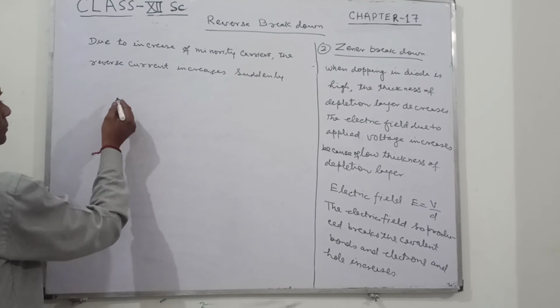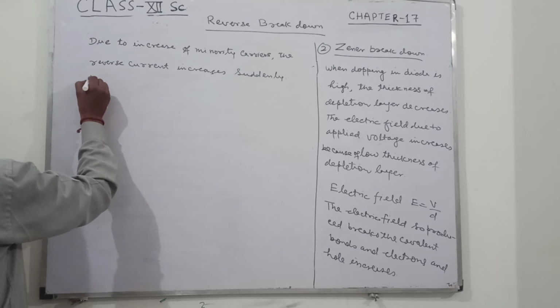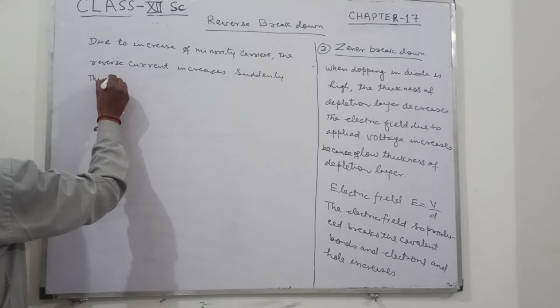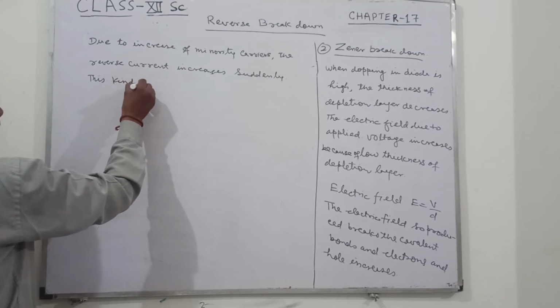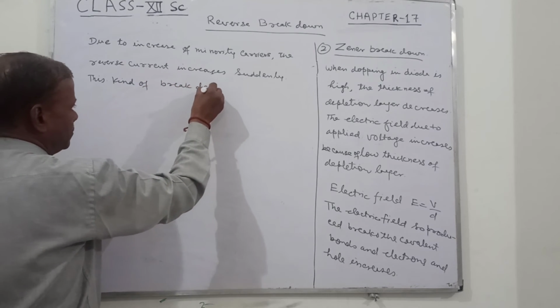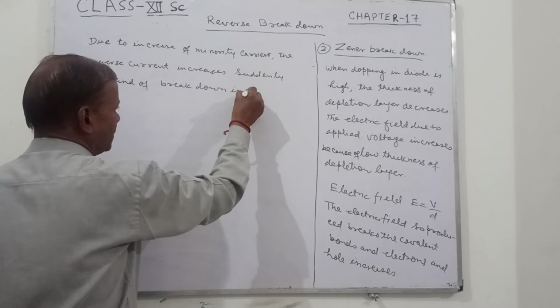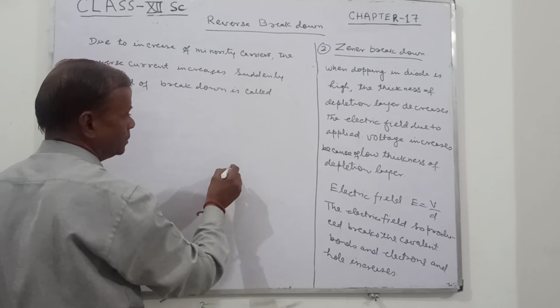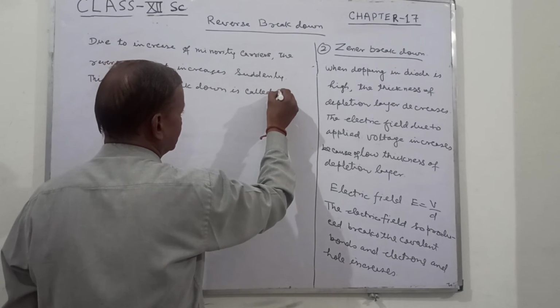This kind of breakdown is called Zener breakdown.